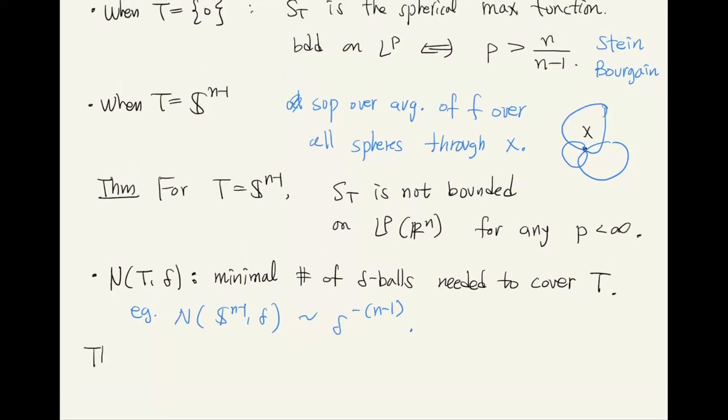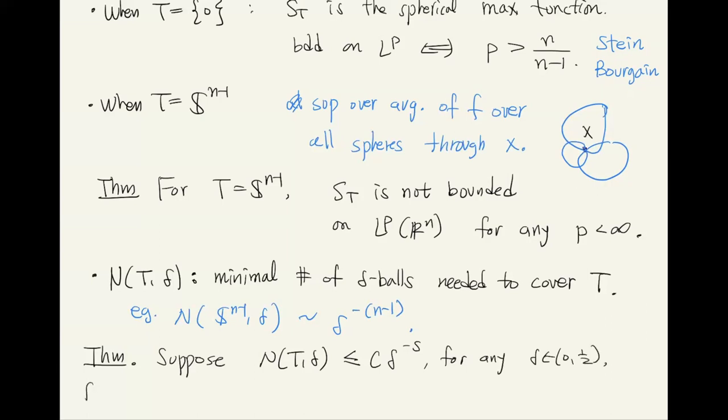And our theorem says that if N_T(delta) is less than delta^(-s), for any small delta, for some s less than n minus 1, one can interpret this as, roughly speaking, the set T having dimension less than n minus 1.